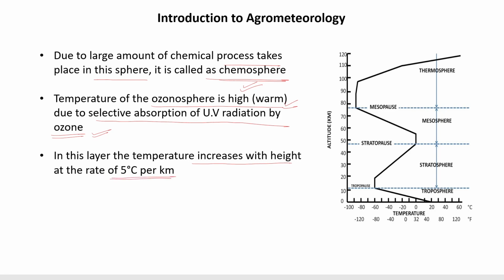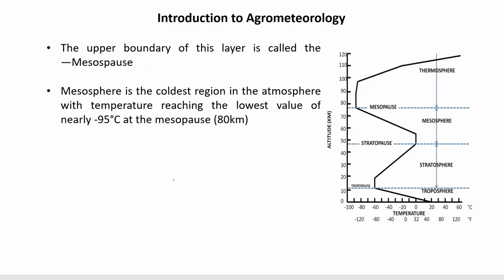So as you move up every kilometer, there is a 5 degrees centigrade rise in temperature. The upper boundary of this layer is called the mesopause. After the mesopause there is the thermosphere layer, and in between the thermosphere and mesosphere there is the mesopause.